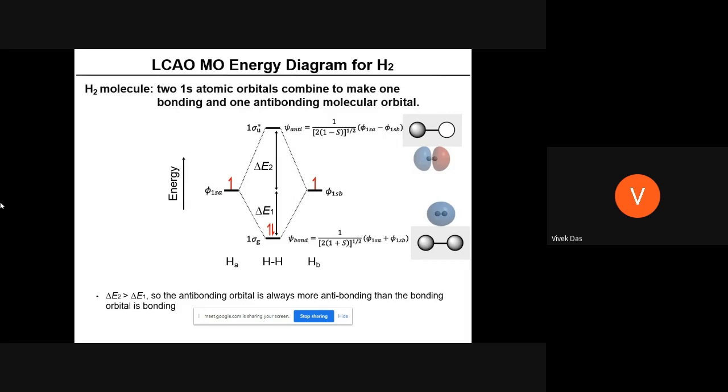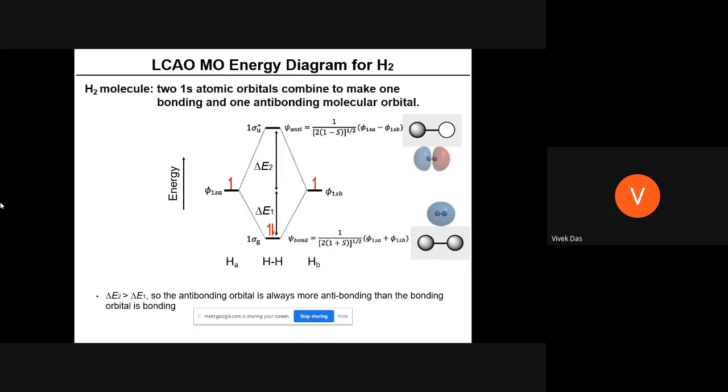One is bonding, which is lower in energy, and the other is anti-bonding, which is higher in energy.